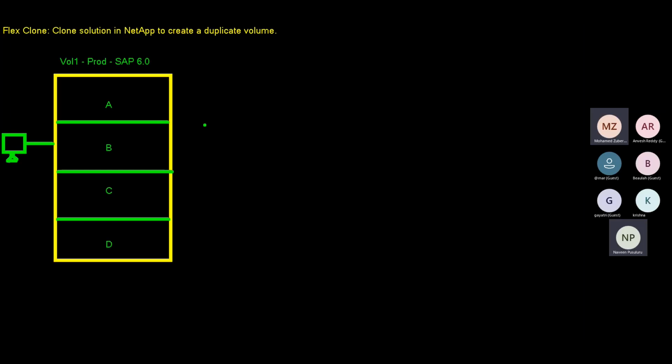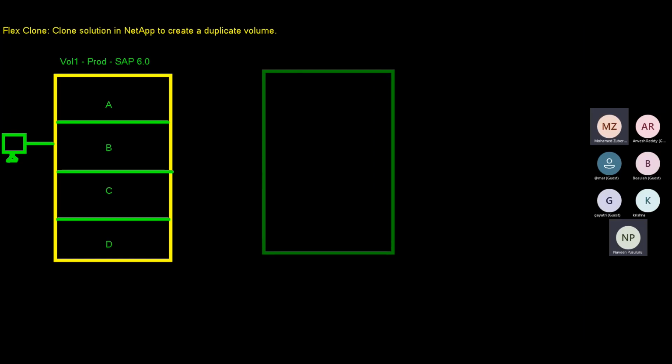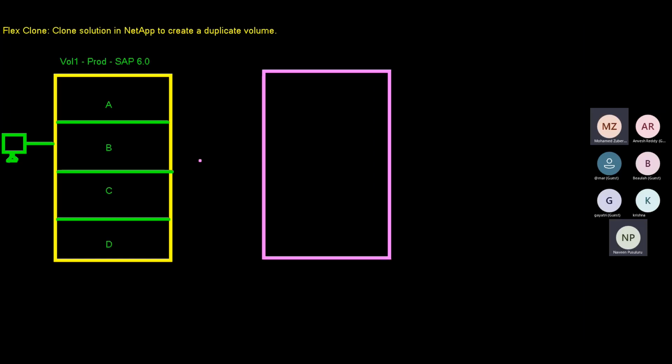So we'll tell them that we will give them a clone. We are going to create a clone of this production volume, which means it contains the exact data of the production volume.